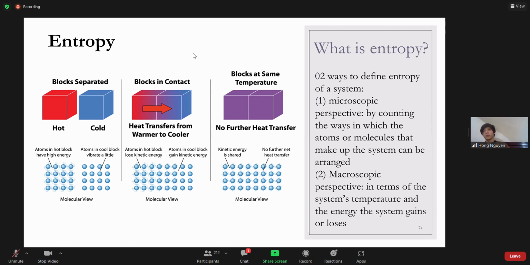In the macroscopic perspective, we explain the entropy in terms of the system's temperature and the energy that the system gains or loses. So we have two ways to define entropy, the microscopic perspective and the macroscopic perspective. I will go to the harder one first, and we will see it together.